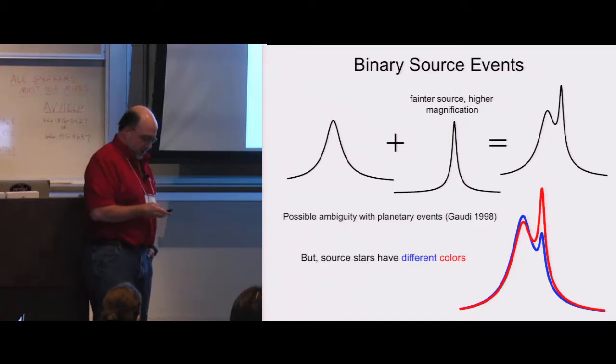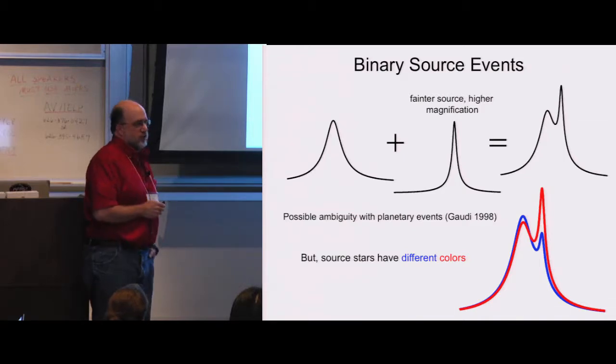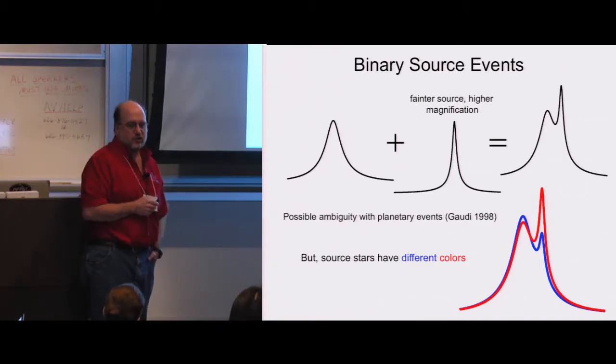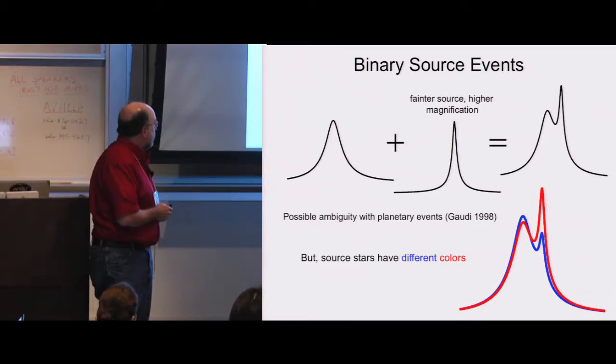Whereas with a single source, microlensing events essentially look the same in every color. There's just a small difference due to limb darkening.